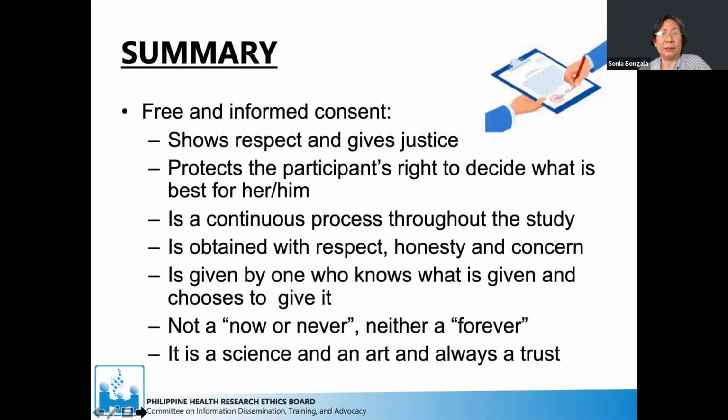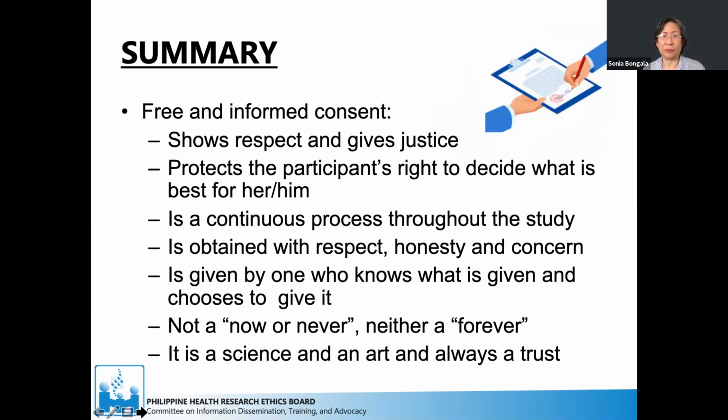In summary, free and informed consent shows respect to the autonomy of the person, and it gives justice to the participant. It protects the participant's right to decide what should be done to him or her. And it's not a one-time signing or thumb marking, but a continuous process.